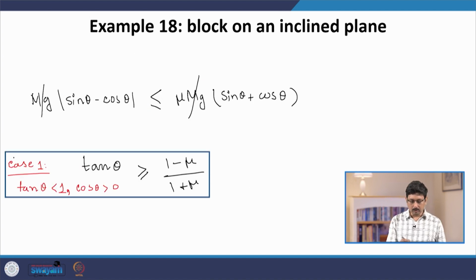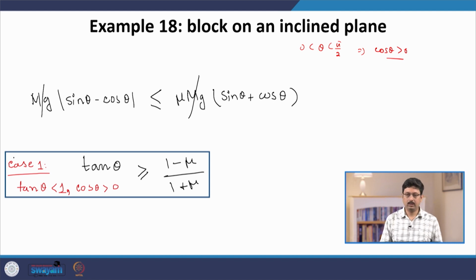Now we can simplify this further. First we have to remove this magnitude. There are two cases we will consider. First, let us assume that theta is less than pi by 2, the 90 degrees. In that case cos theta is positive, but when we remove this magnitude, sin theta can still be greater than or less than cos theta.